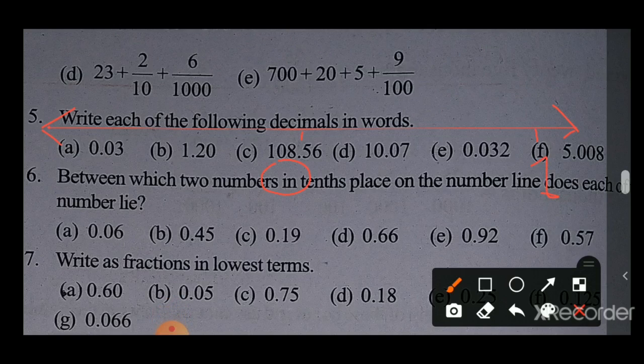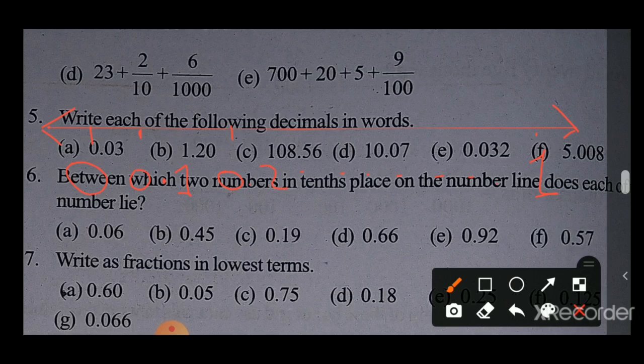So it is 0, and here we can write 1, and in between 0 and 1 there are 1, 2, 3, 4, 5, 6, 7, 8, 9, and this is 10. So there are 10 equal parts: 0.1, then 0.2, and so on.